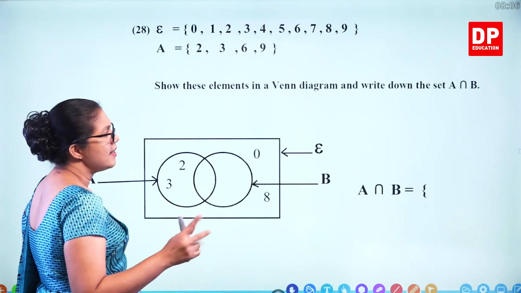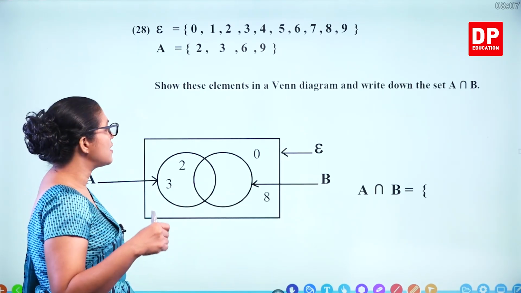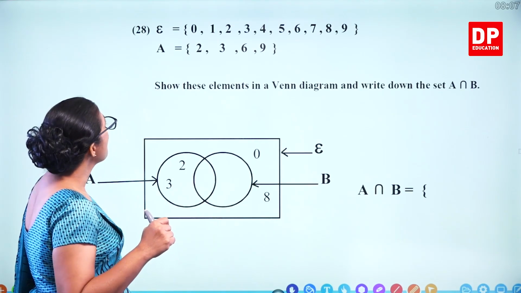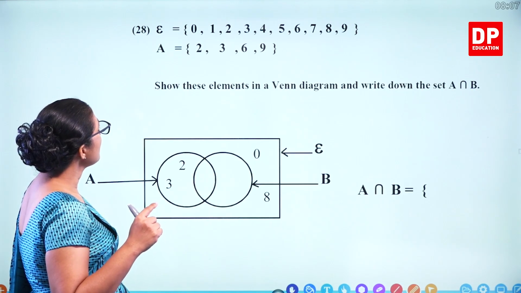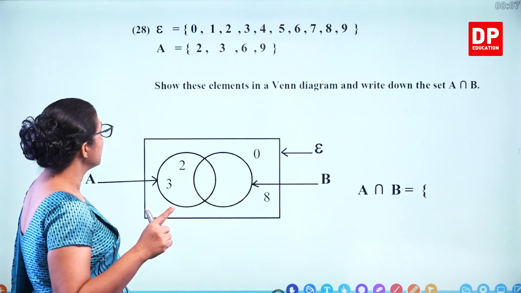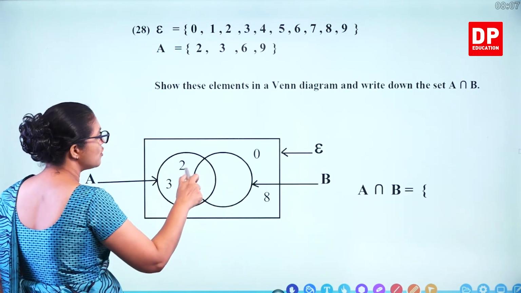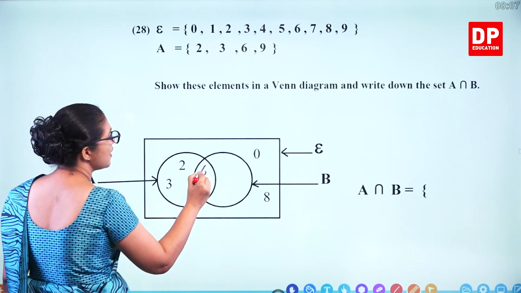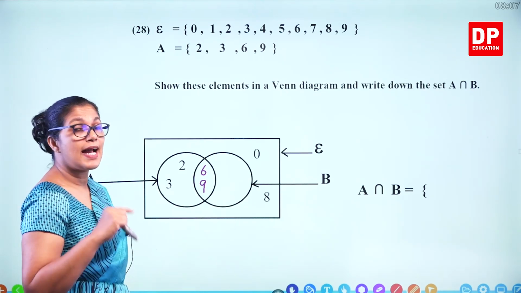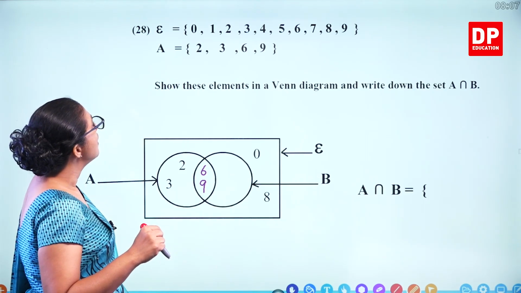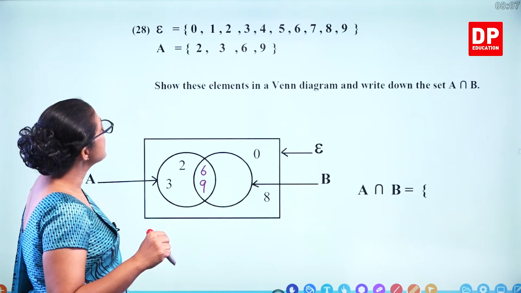So you can find out what the digits in B are from this. So first we'll mark A. 2, 3. If 2, 3 are there, then 6, 9 too. Those are the two common ones, because they should be inside A as well. And 0, 8 is there.